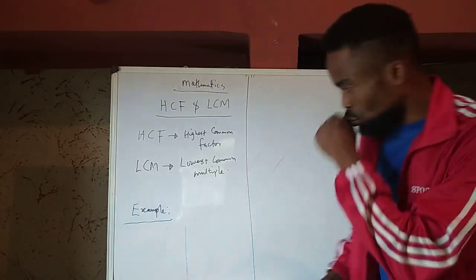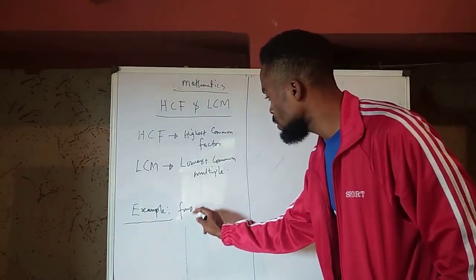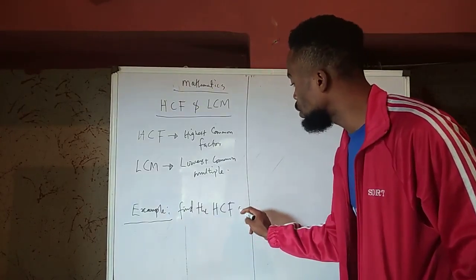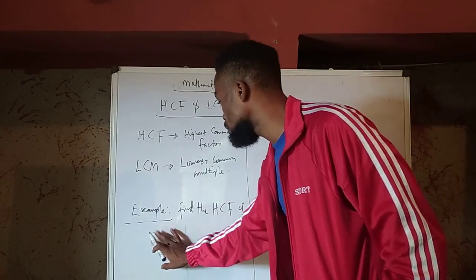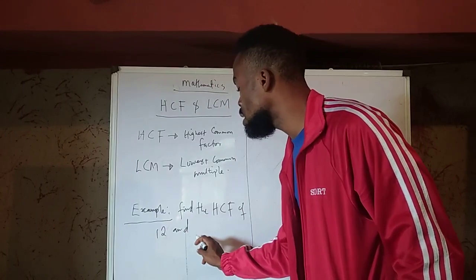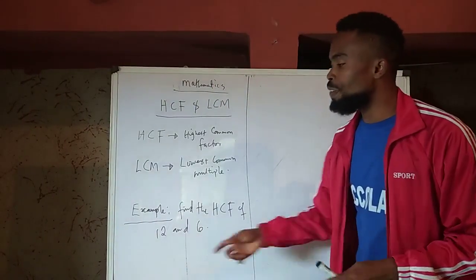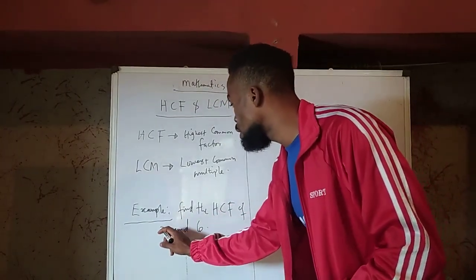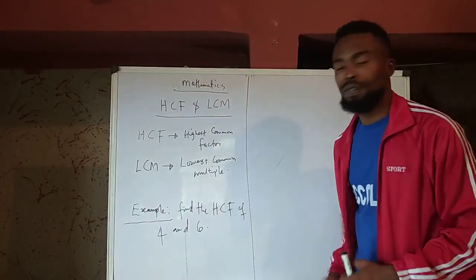Okay, so let's say an example now. Find the highest common factor of, okay, let me say, of 4 and 6.